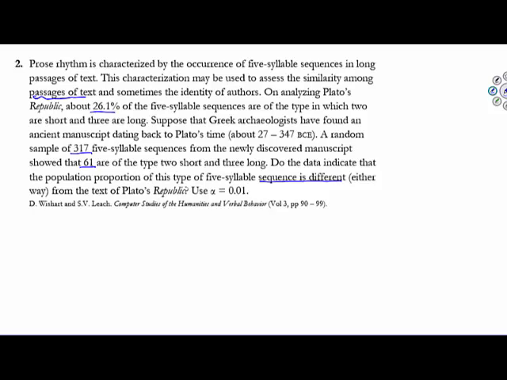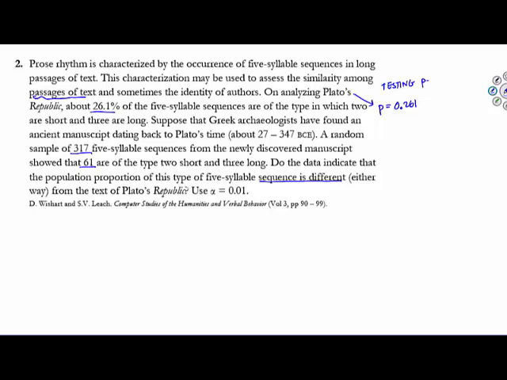So, how do we analyze it statistically? First, we have to identify what we're testing, and we're definitely testing a proportion, right? We assume Plato's structure, or the proportion of syllables in his prose, is 0.261, where 2 short and 3 long.